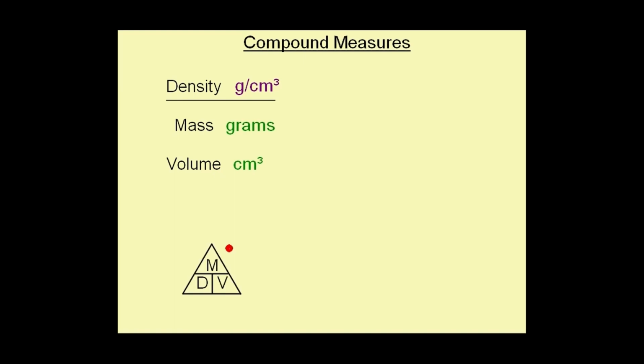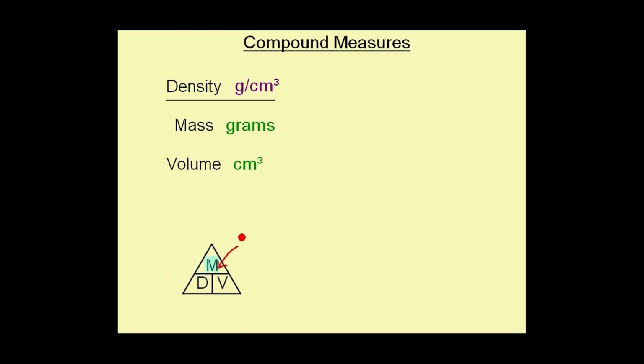Knowing this, I can draw a formula triangle, and I can use this to calculate density, mass, and volume. For example, if I wanted the density, then that's the mass on top of the volume, and that means divide. So it's the mass divided by the volume.